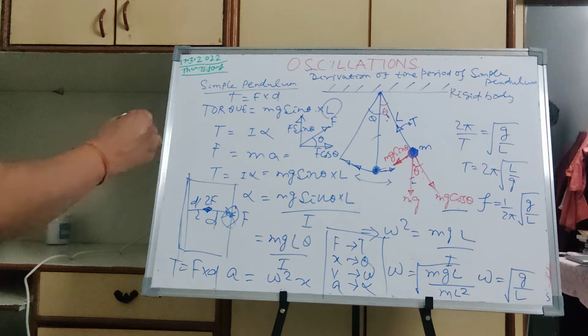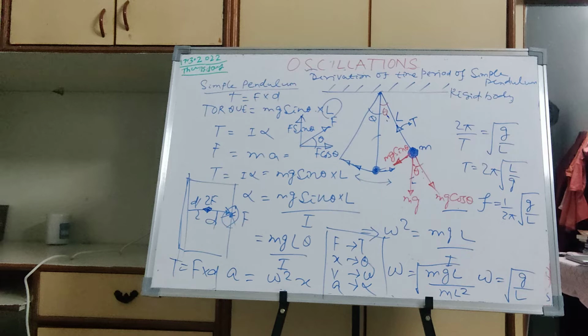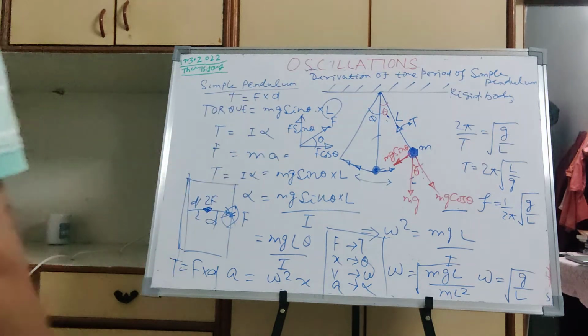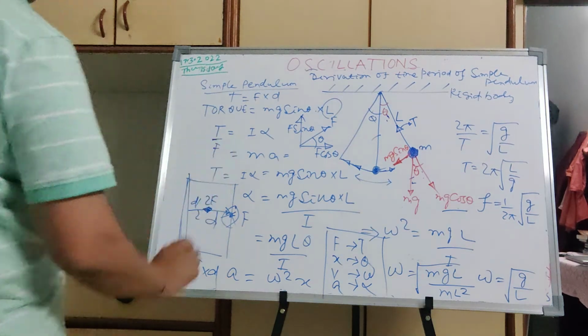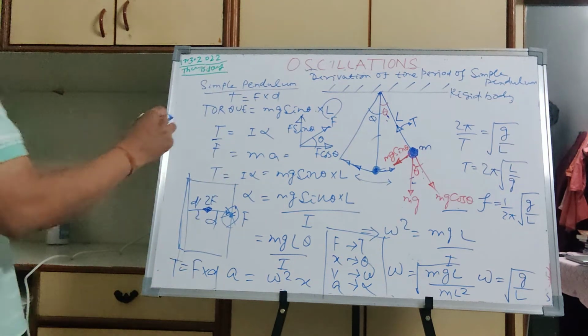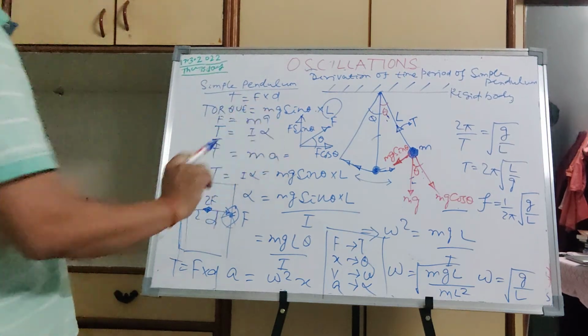Okay. So your torque is equal to F into D, that is equal to mg sin theta into L. Then we know that the way force is equal to ma, torque is equal to I into alpha.